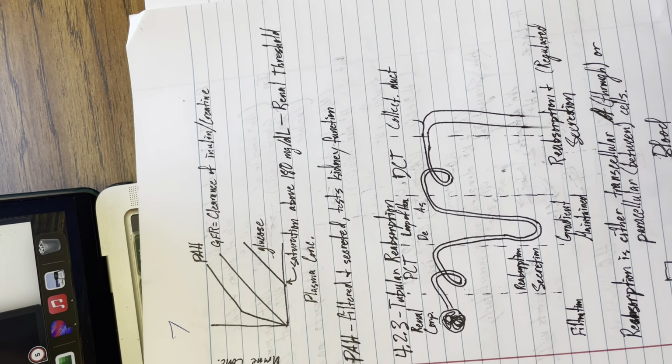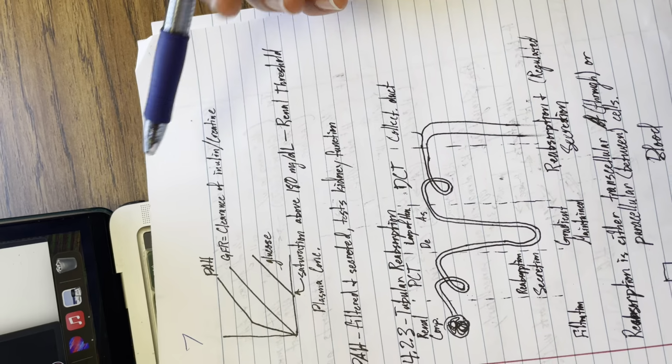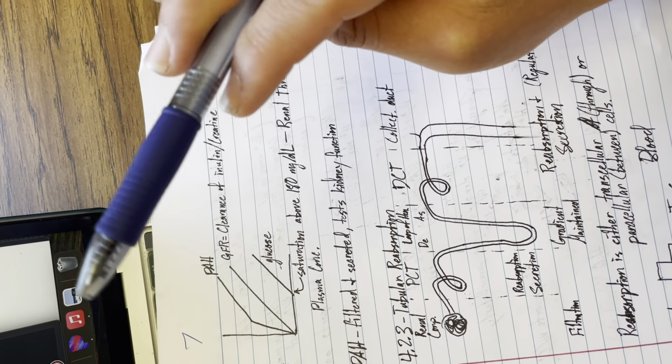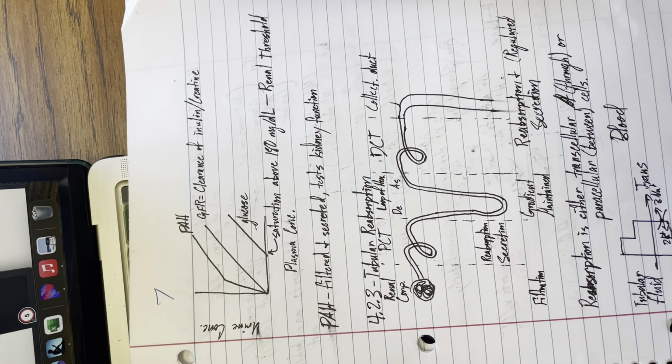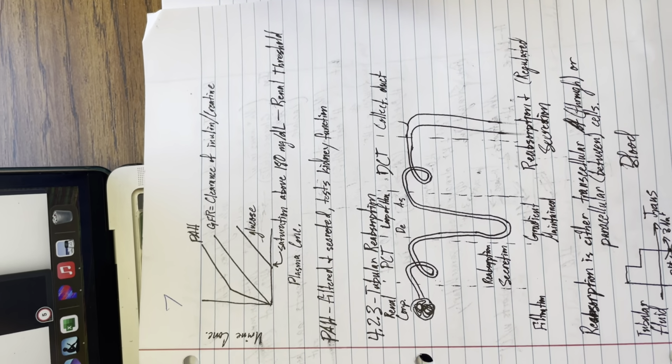And if you're filtering something 100%, then you'll find equal concentrations in your plasma versus the urine. And I think that wraps up our answer to question 1 for this essay.